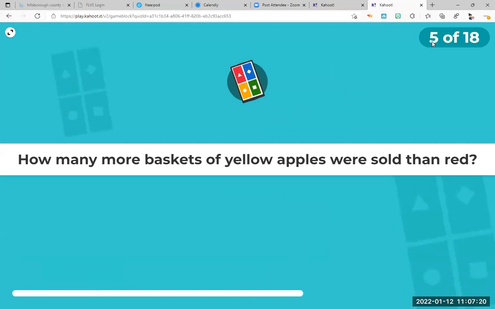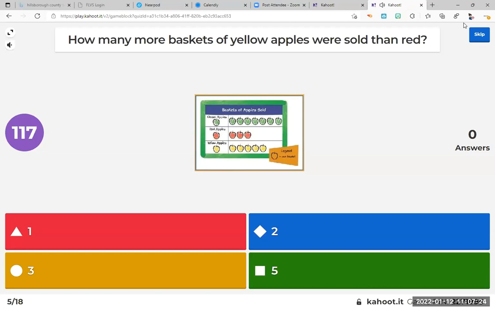How many more baskets of yellow apples were sold than red? Ooh, compare red versus yellow. It's an apple smackdown. How many extra yellows on the chart were sold?